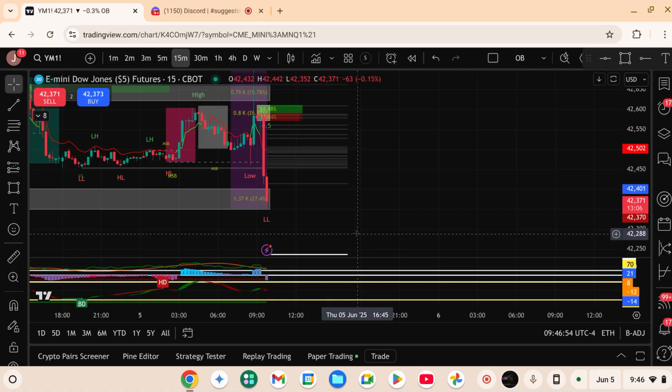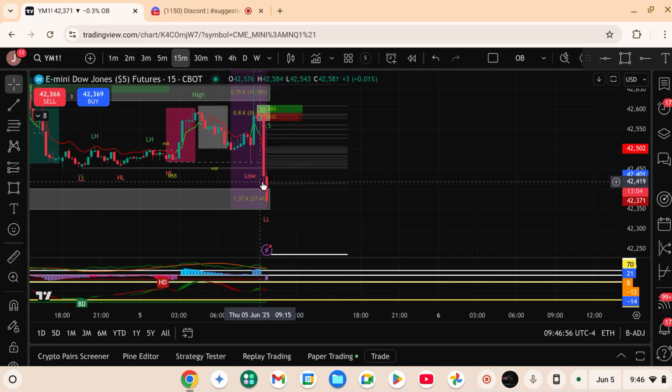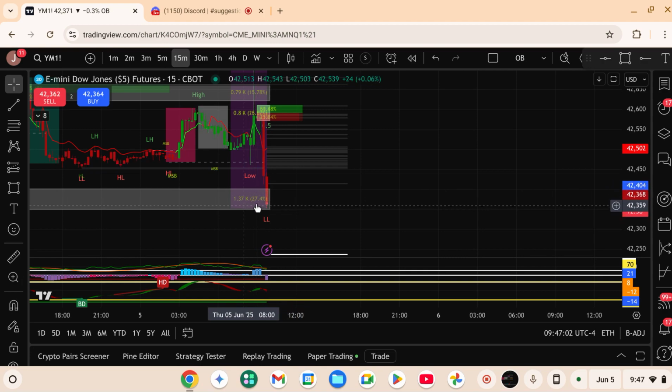That's why I set the alert there. But seeing that the majority of the body of this candle is already pushing down into here, it's probably going to close like that within this area. So it's no longer valid to be bullish if that's the case.